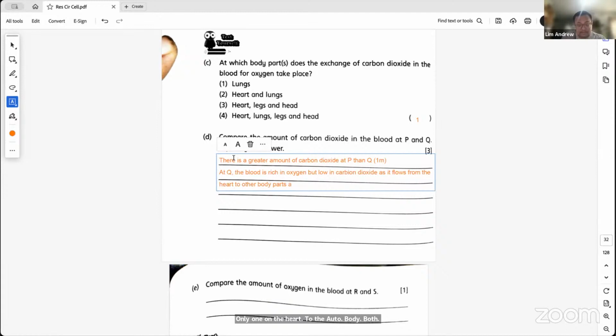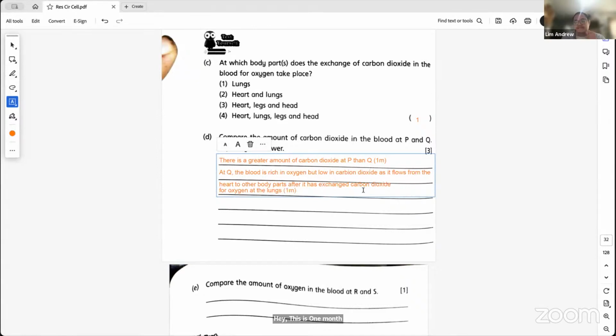So at Q, the blood is rich in oxygen but low in carbon dioxide as it flows from the heart to other body parts, after it has exchanged carbon dioxide for oxygen at the lungs. This is 1 mark.